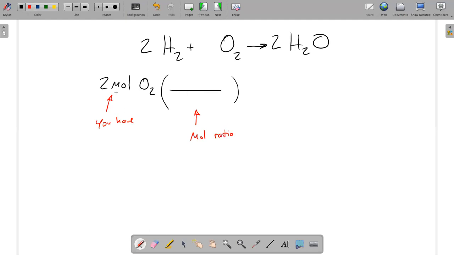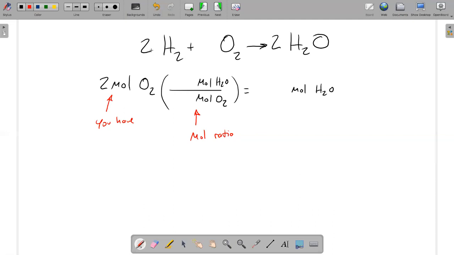And because we start with a quantity, like you have 2 moles of oxygen, this moles of oxygen has to be the unit in the denominator. And we're trying to figure out how many moles of water we end up with, so moles of water goes in the numerator. All you put in there is just the coefficients from having balanced the equation.